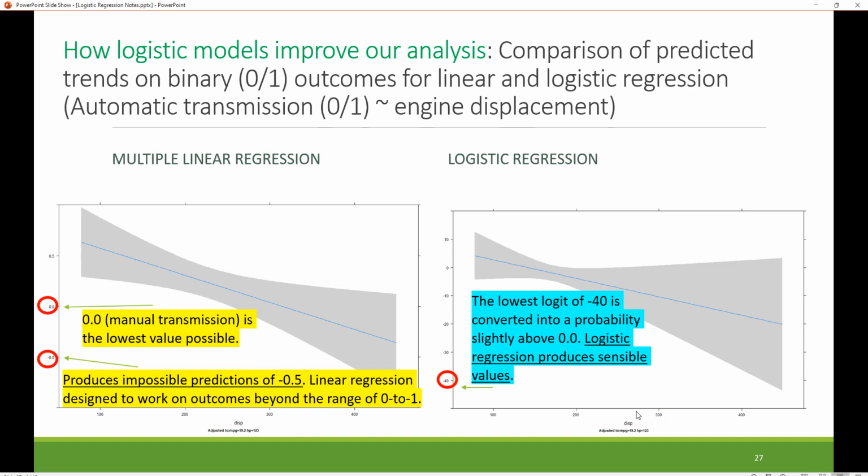On the right side, we have logistic regression. We have a very similar looking trend. It's a straight line, and we can see the lowest value of negative 40 for the logit, we can convert that into a probability slightly above 0.0. So logistic regression produces sensible values even in the most extreme cases.